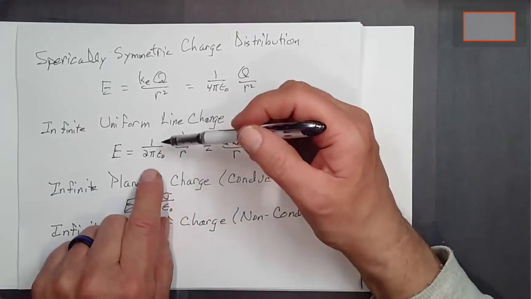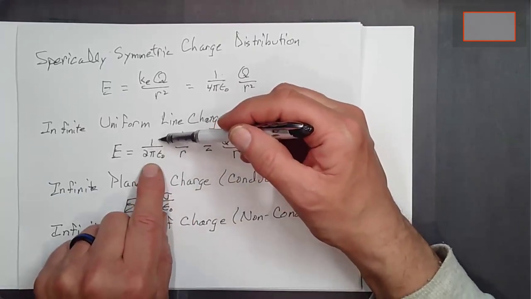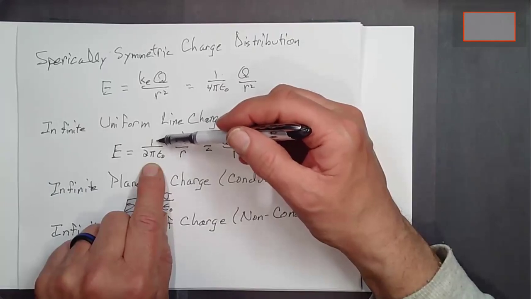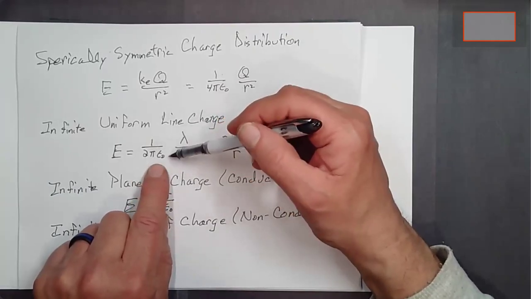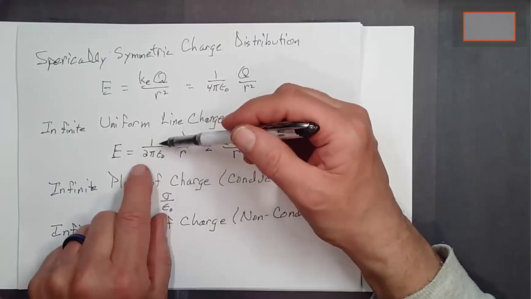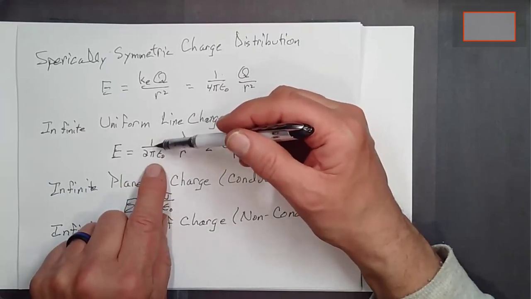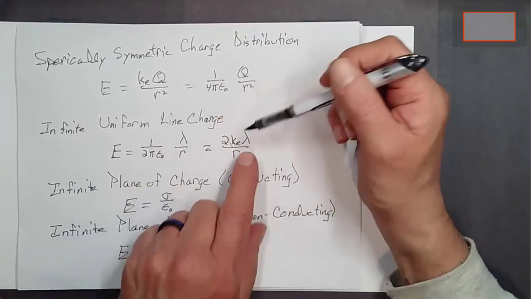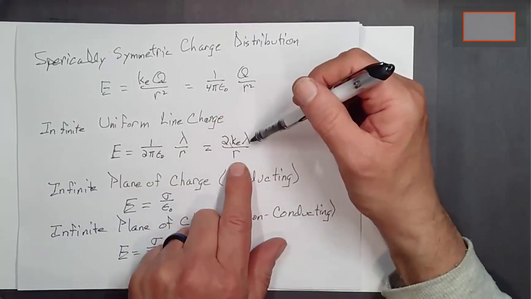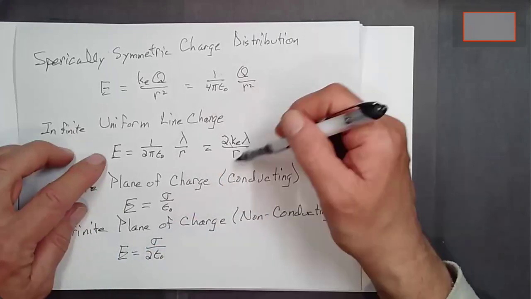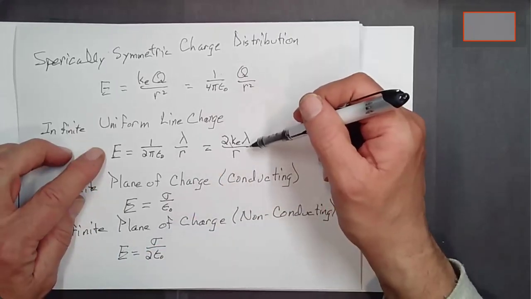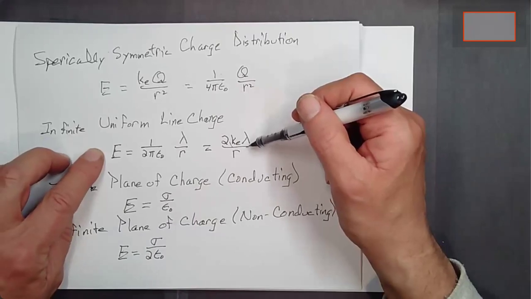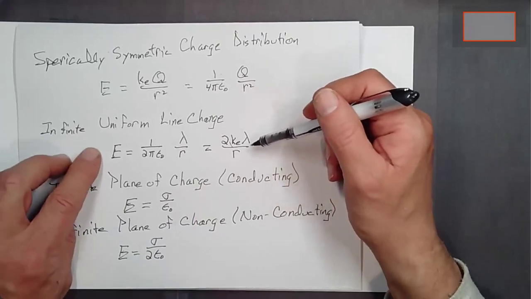Or if you multiplied the top and the bottom of this expression by 2, you'd have 2 over 4 pi epsilon naught, which is actually 2 k sub e. So you could write it also as 2 k sub e lambda over r, but we'll have use of this particular relation in one or two of the problems as well.